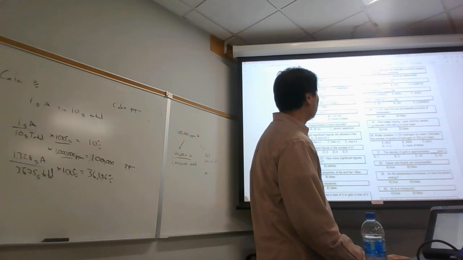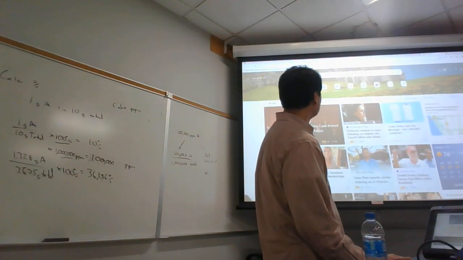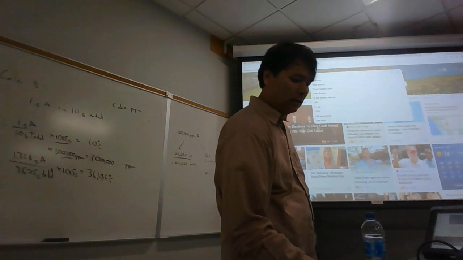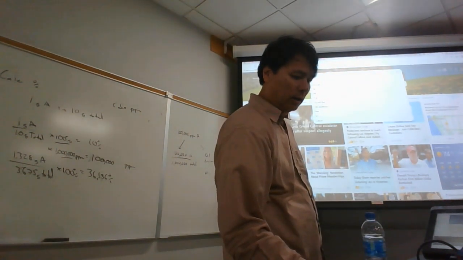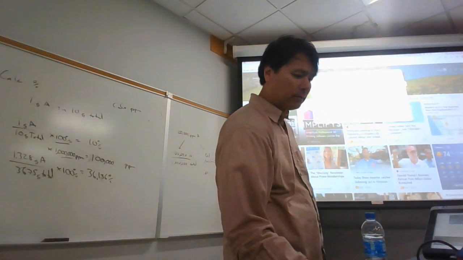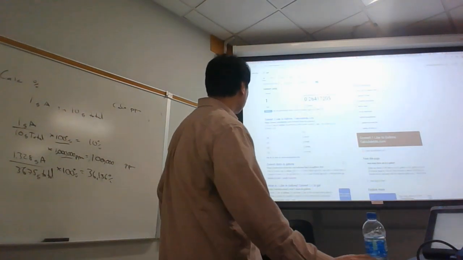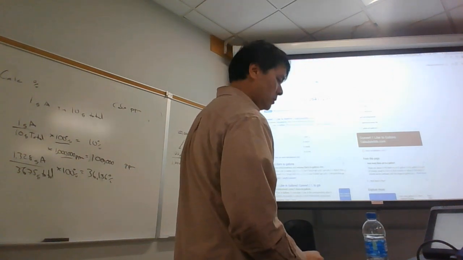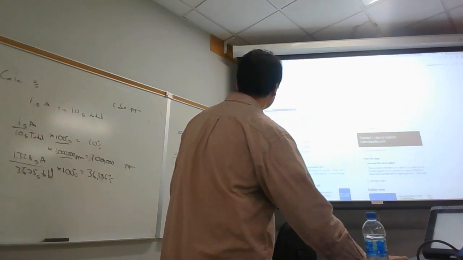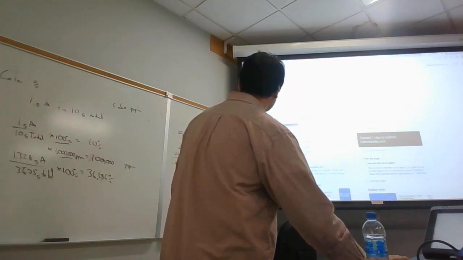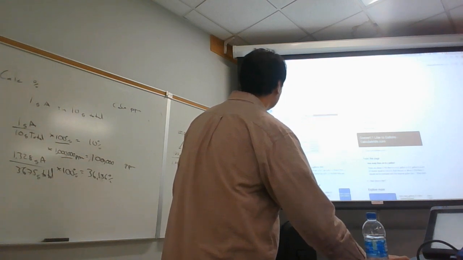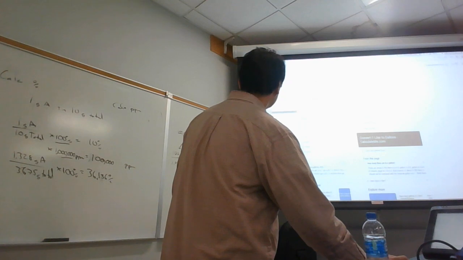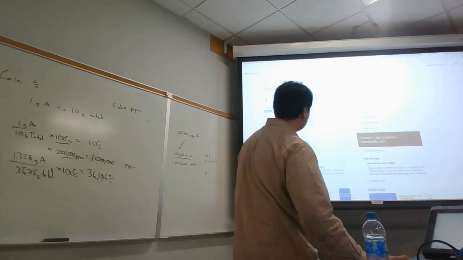If I wanted the number, let's just Google it here: convert gallons to liters. Imperial liter, US gallon. Do you see it's been rounded?